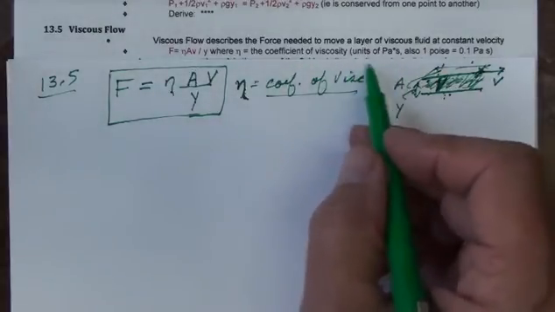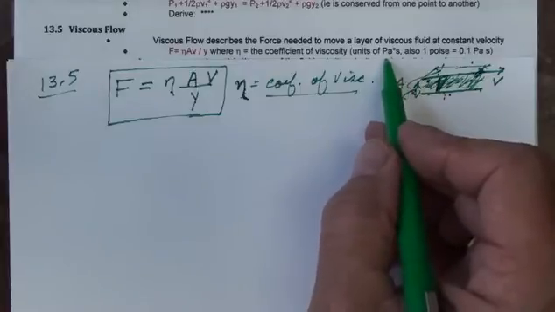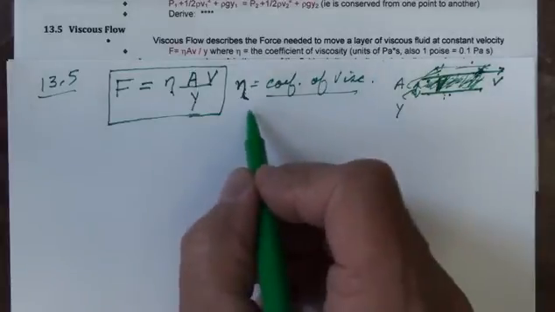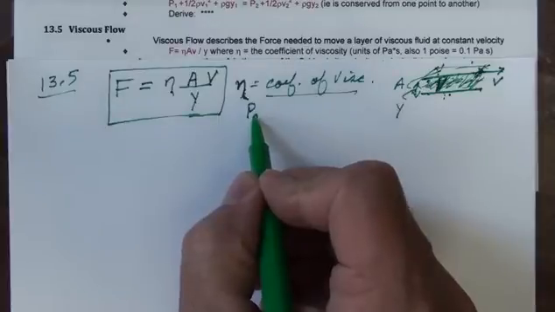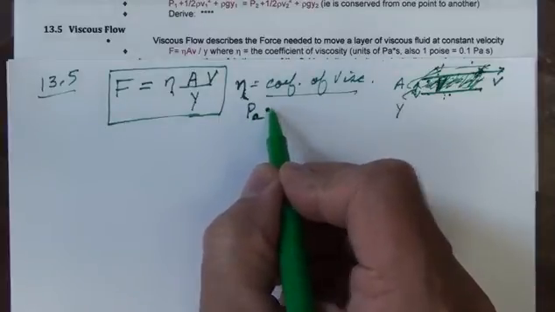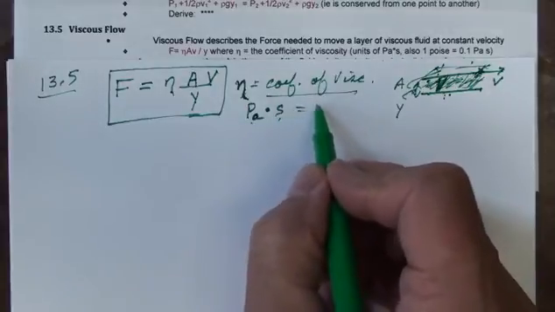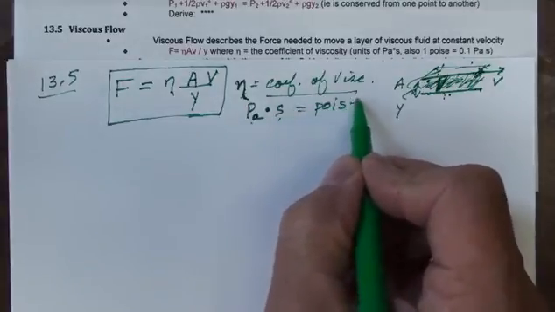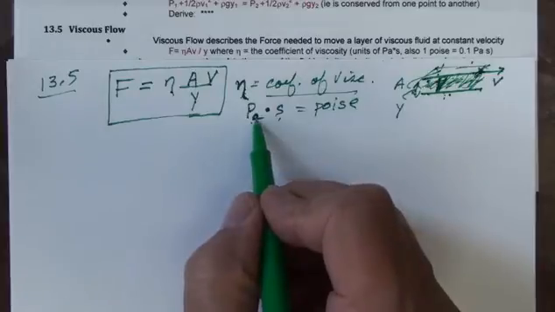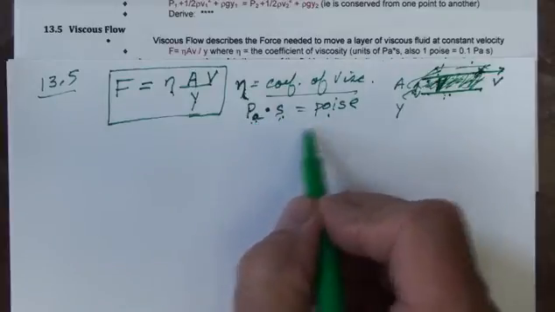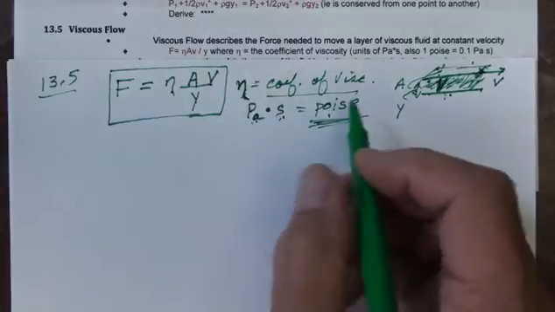And if you go back and check, this will have units of pascals times seconds. And a pascal times a second is a poise. So 1 pascal times 1 second is 1 poise. This is the unit of viscosity.